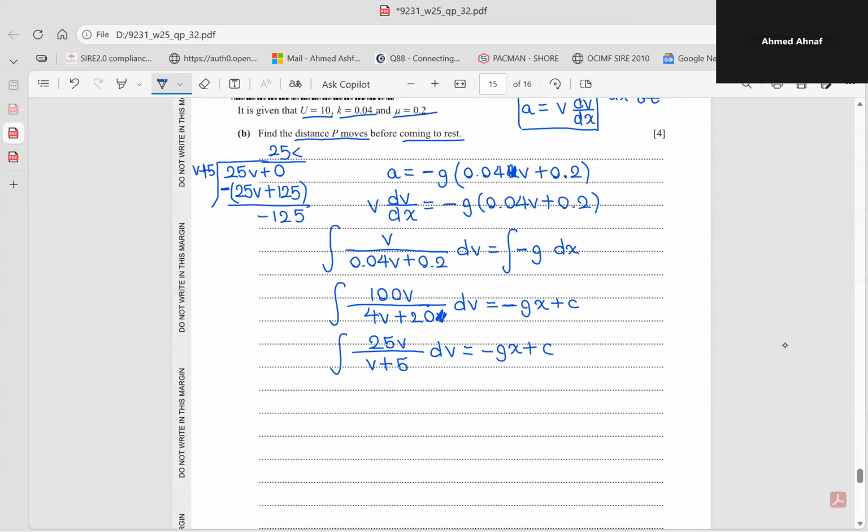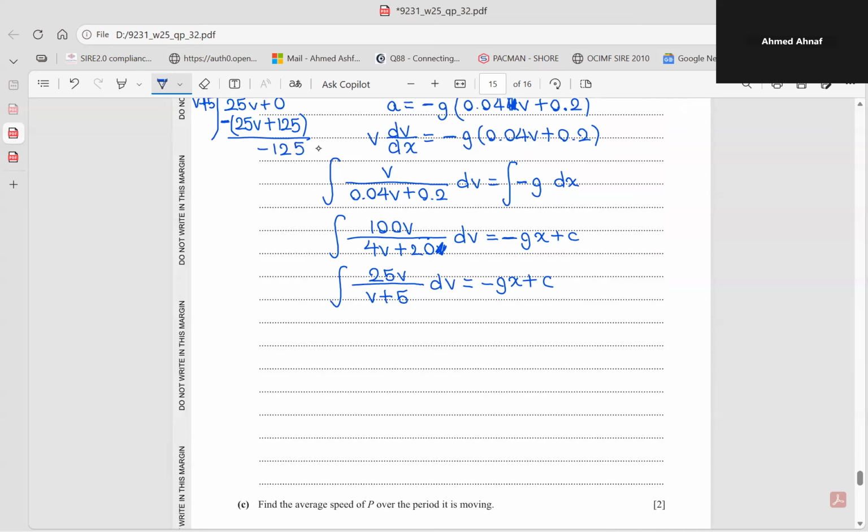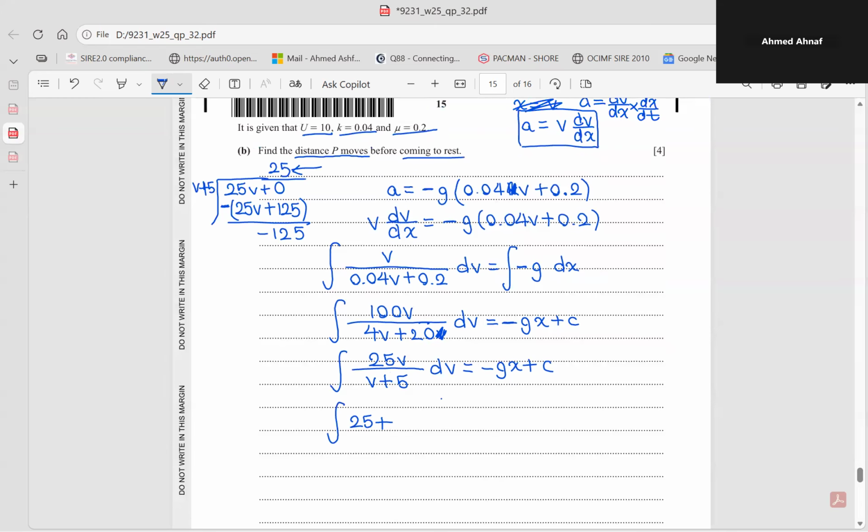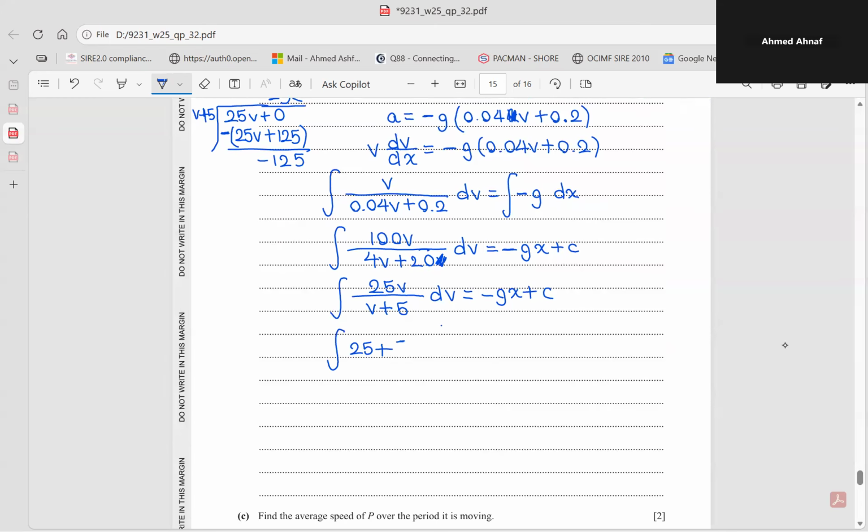So the quotient, that's the whole number here, plus the remainder, minus 125 over the divider, which is v plus 5, dv. It equals minus gx plus c.